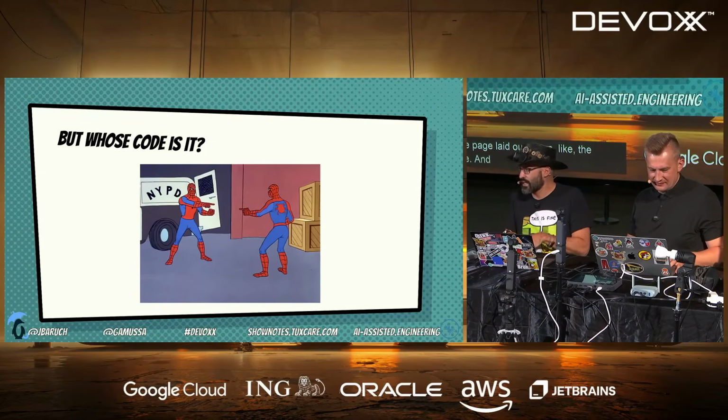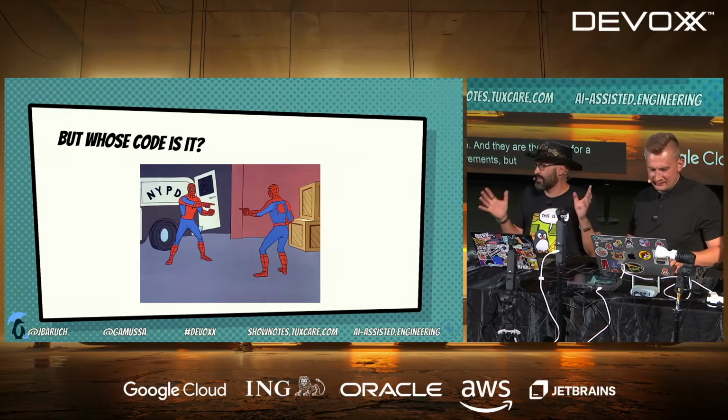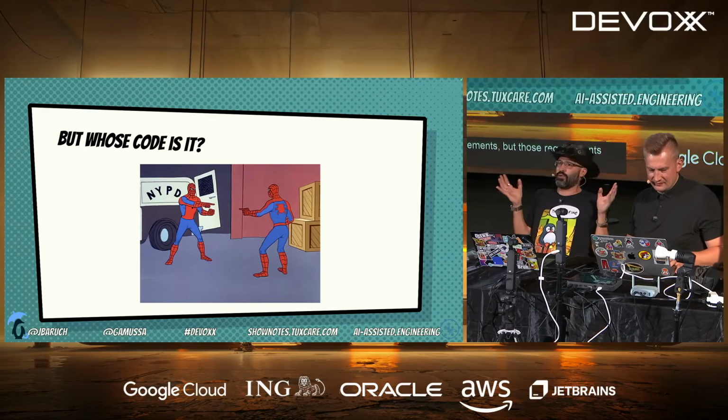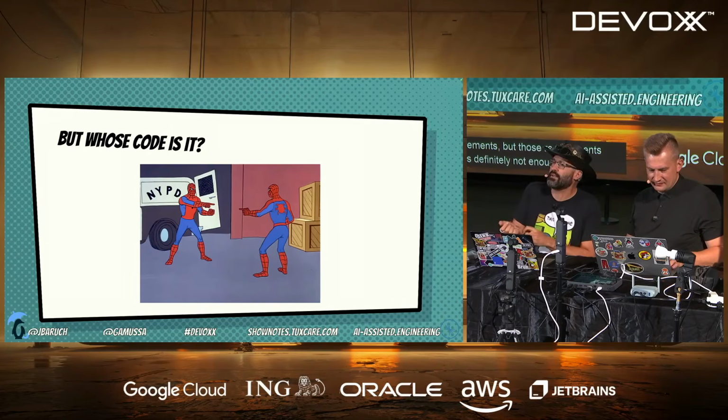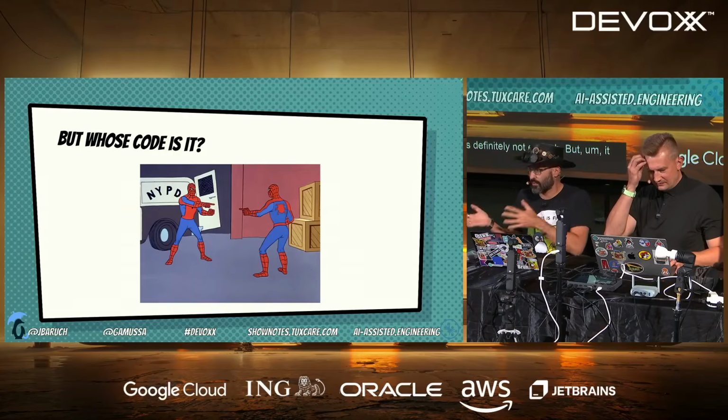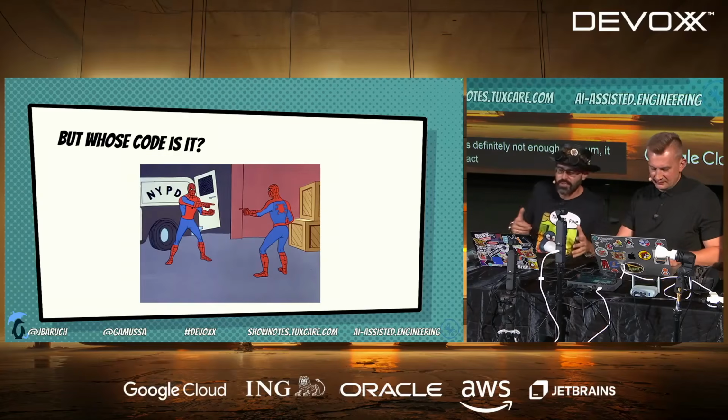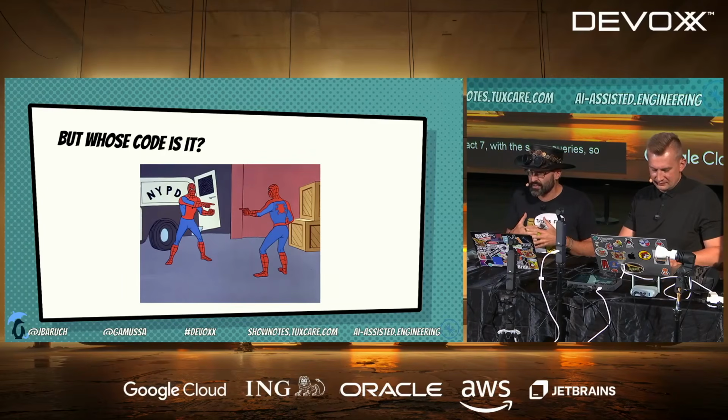And they are the same for a couple of reasons. We had similar requirements, but those requirements didn't go into specifics of front end, so it's definitely not enough. But it took the same documentation from Context 7 with the same queries, so there are a lot of reasons why it's similar, but it's too similar.